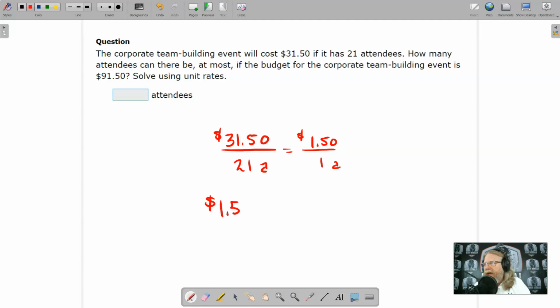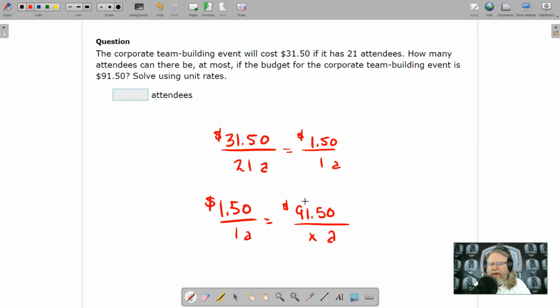This ought to give me some easy math, hopefully, for 1 attendee. And what's the rest of the question? If the budget for the corporate team building event is $91.50, so dollars goes up top, $91.50. I'm probably going to use my calculator on this one. How many attendees can attend? In this case, some number times $1.50 equals $91.50. So let's divide 91.50 by 1.5.